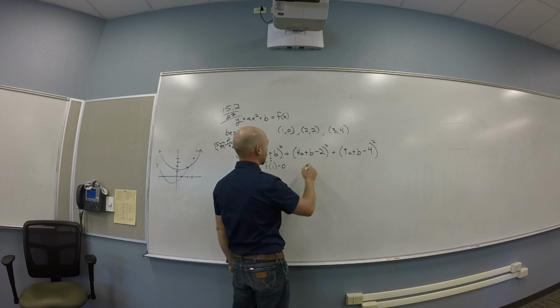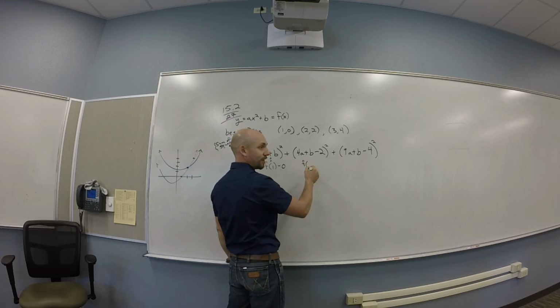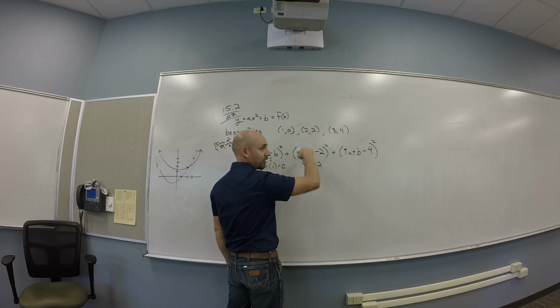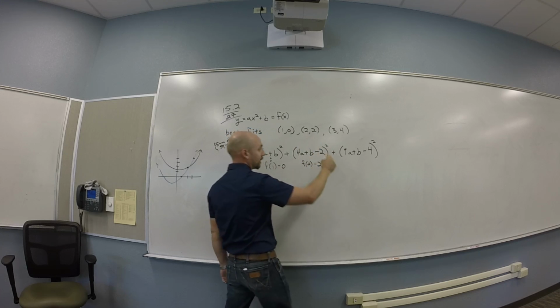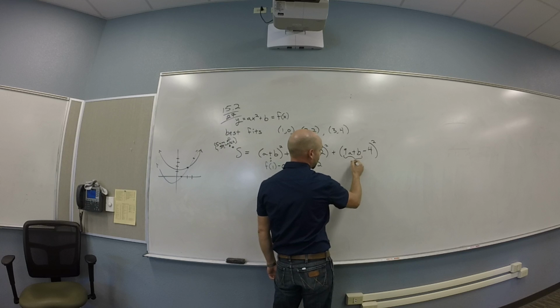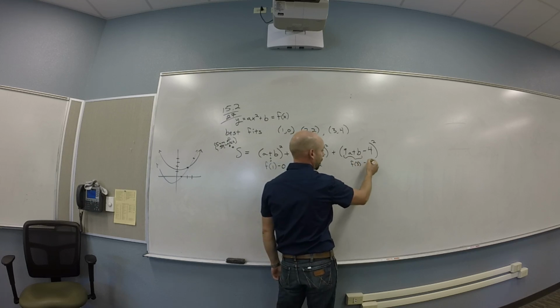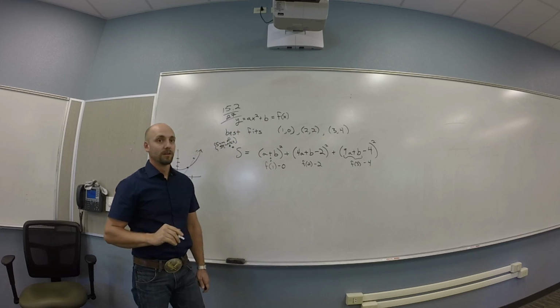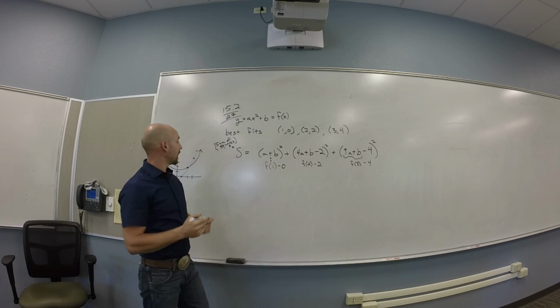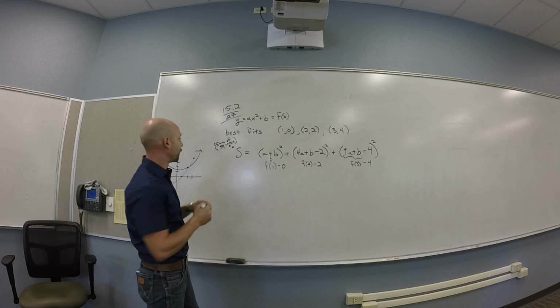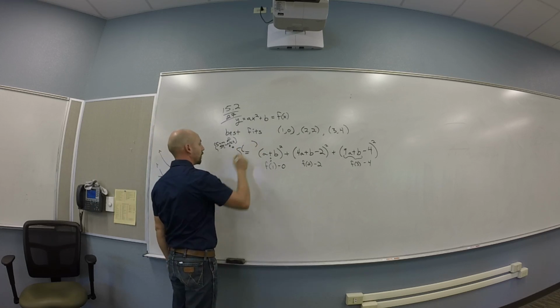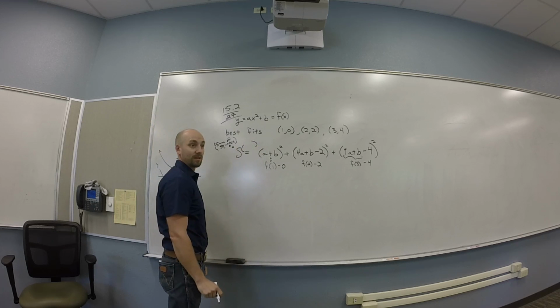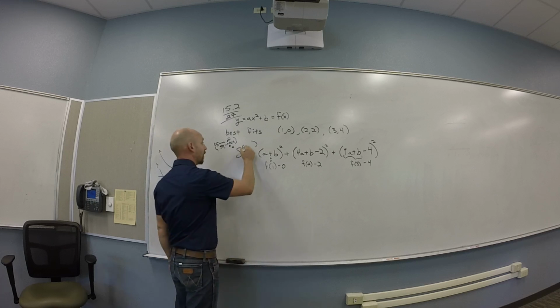This stuff here is f of 2 minus the y value associated. And this guy here is f of 3 minus 4, f of 3 minus the y value associated to 3. So this S is a function of what variables? A and B, right?